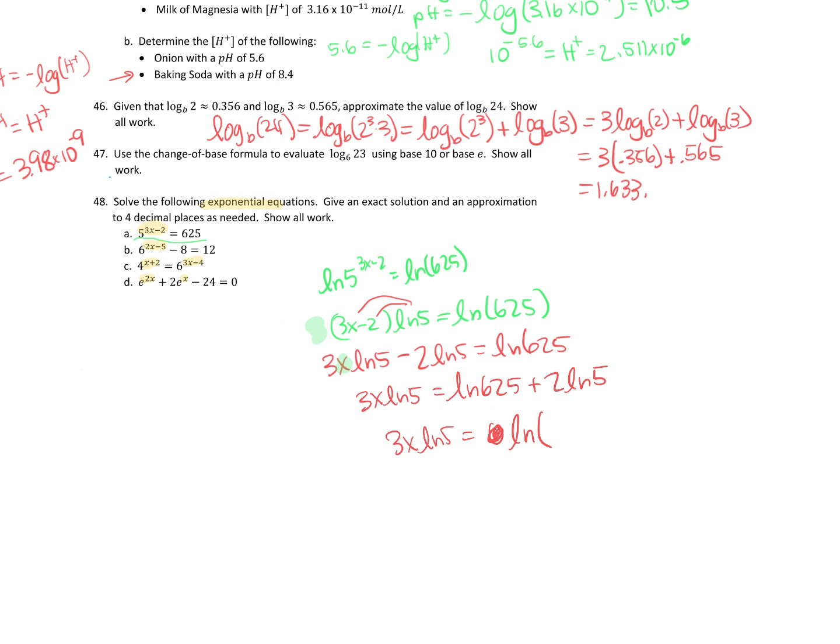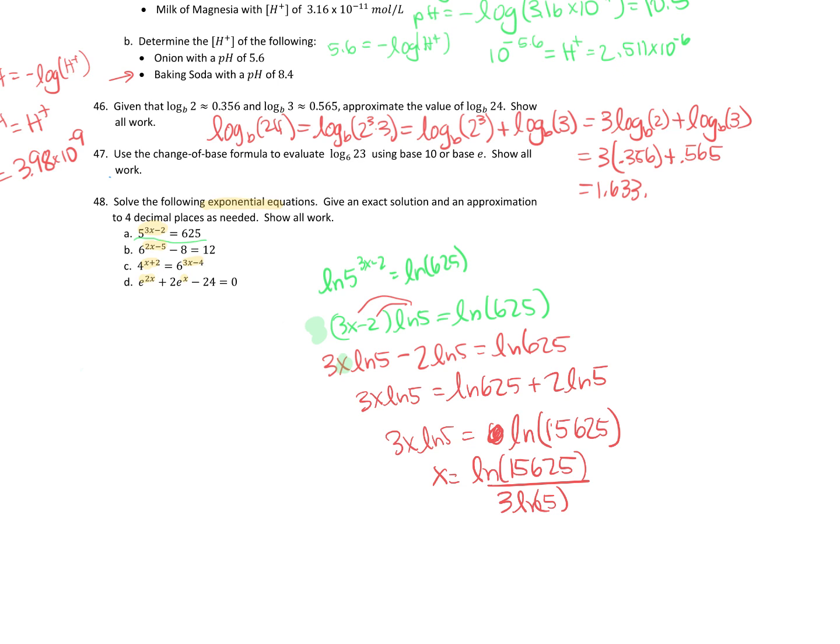That gives me 15,625. And then I get x is equal to natural log of 15,625 divided by 3 natural log 5.